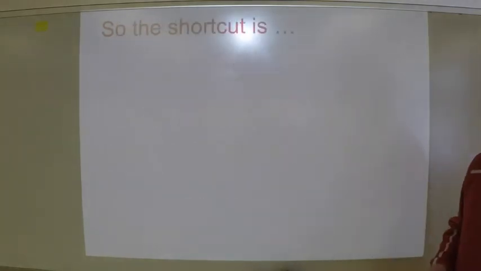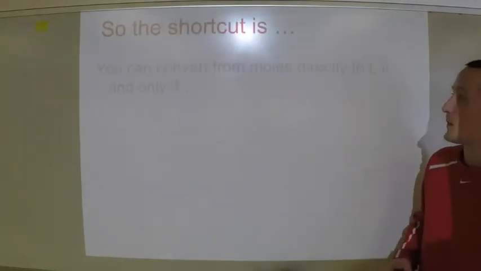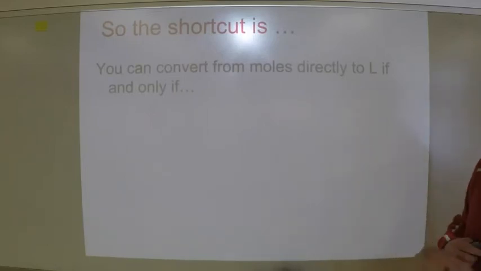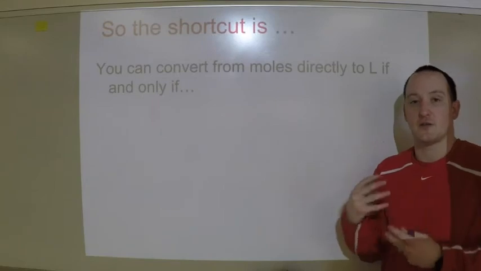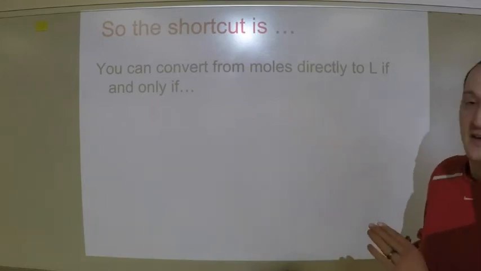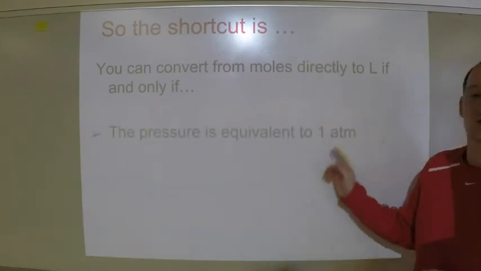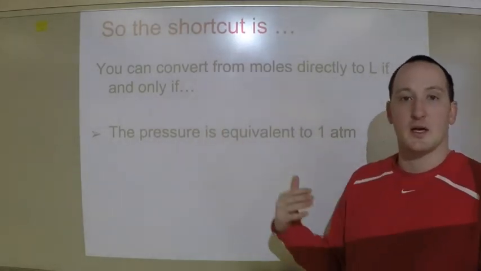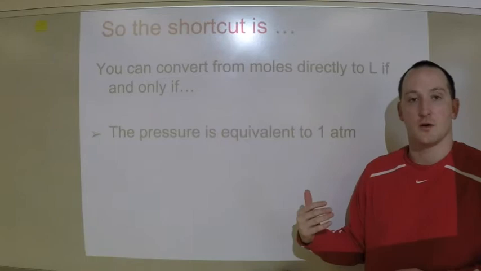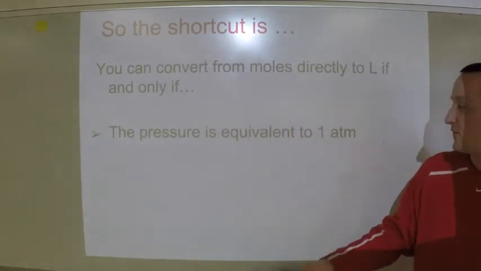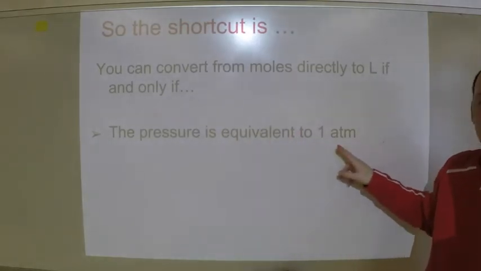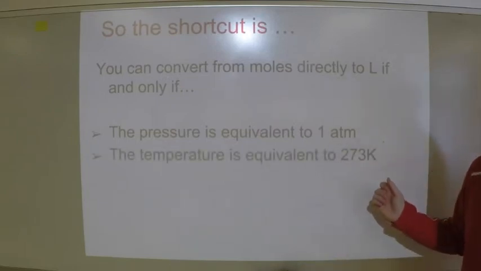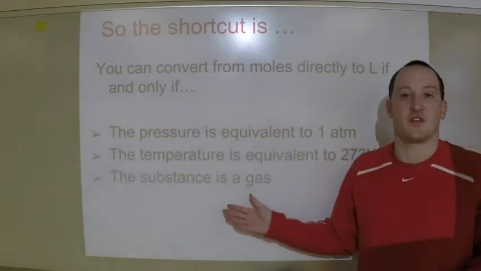So you can convert from moles directly to liters if and only if the pressure is 1 atmosphere. In other words, you can only use that quick and easy conversion from moles to volume if your pressure is equivalent to 1 atmosphere, your temperature is 273 Kelvin, and the substance is a gas.